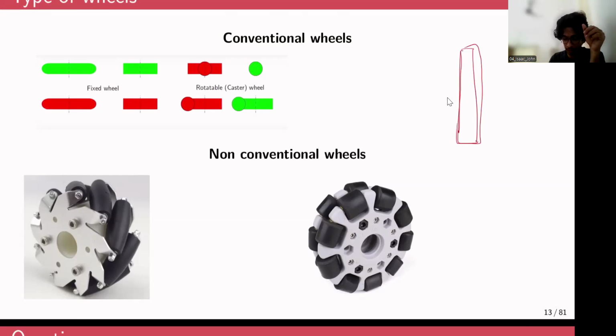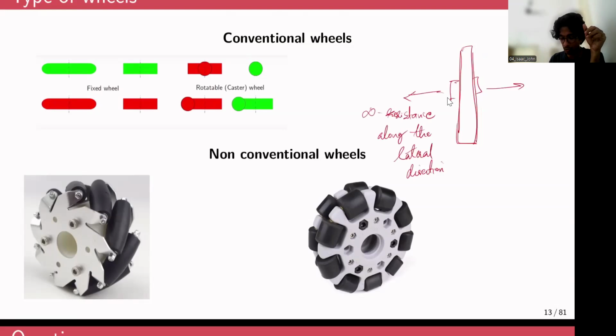Just like a regular four-wheel car can move forward and backward easily, and can also rotate with some finite turning radius, but it cannot slide sideways because of the infinite resistance that each of these conventional wheels provides. Or it cannot even rotate about its own axis.